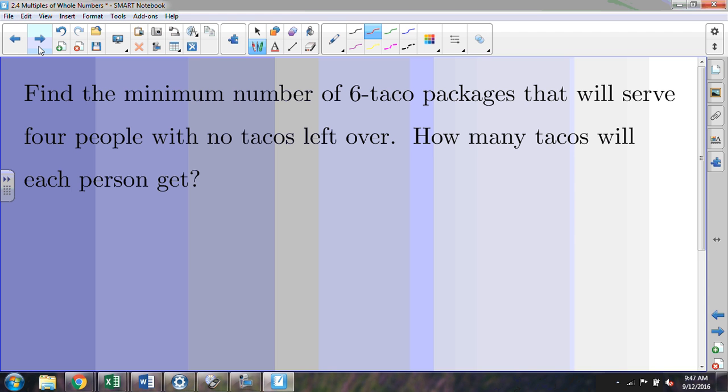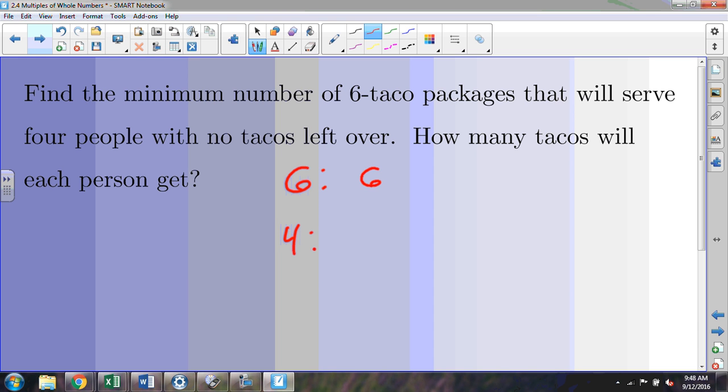Well, it's a situation where we need the least common multiple of the 6 for how many tacos are in each package and how many people are going to go eat. Because we want to know how many tacos we need. We don't want to have a situation where we start saying, okay, here's half a taco. We want everybody to have a whole number of tacos. That way they're all fair and even.